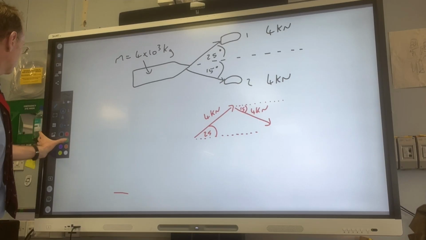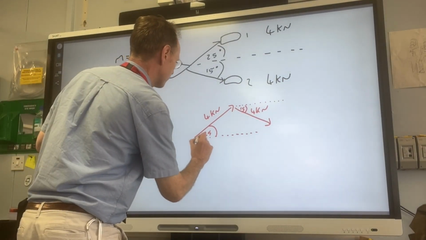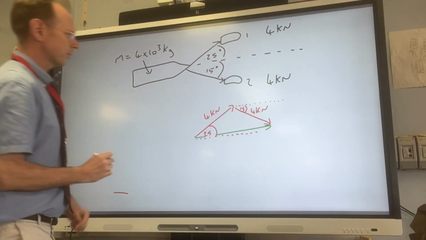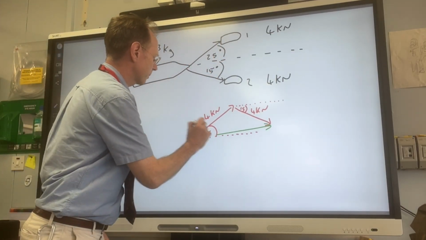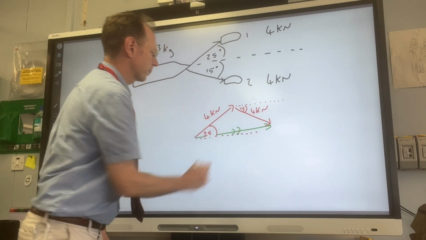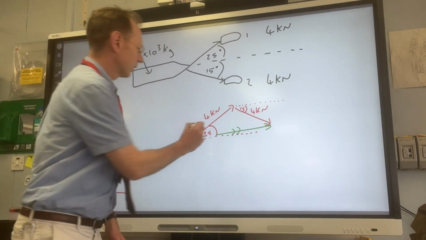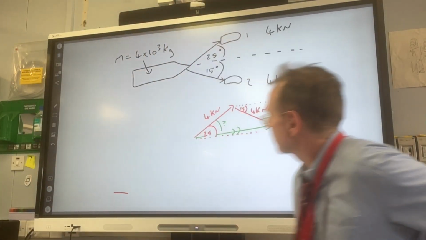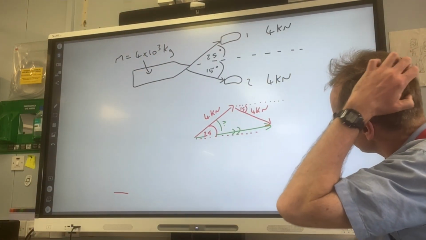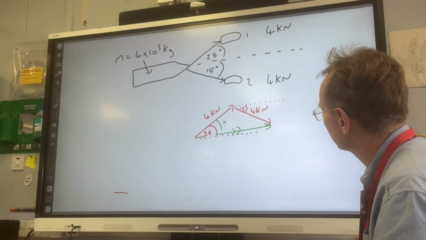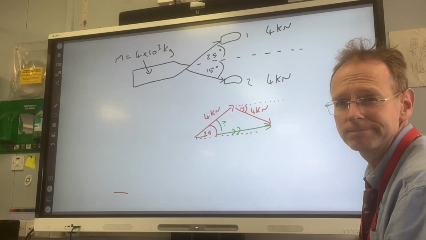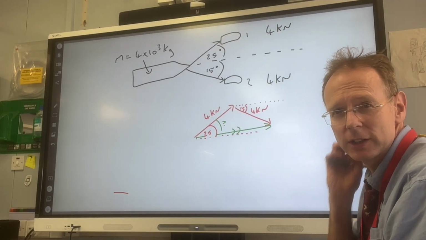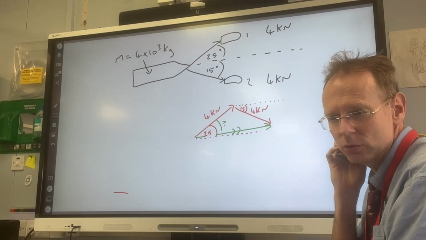Let's see. So maybe something like that. And this angle is going to be different from 25. So, how do we work out everything? Well, it's not a right angle triangle, so you can't use Pythagoras, and you can't use SOHCAHTOA.